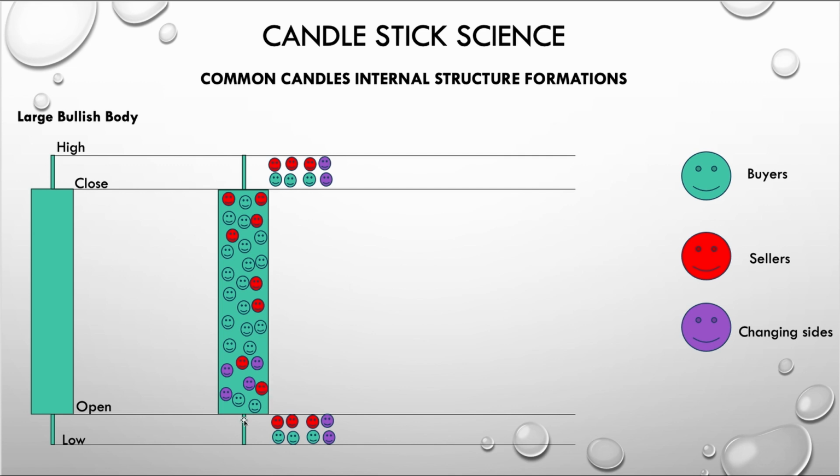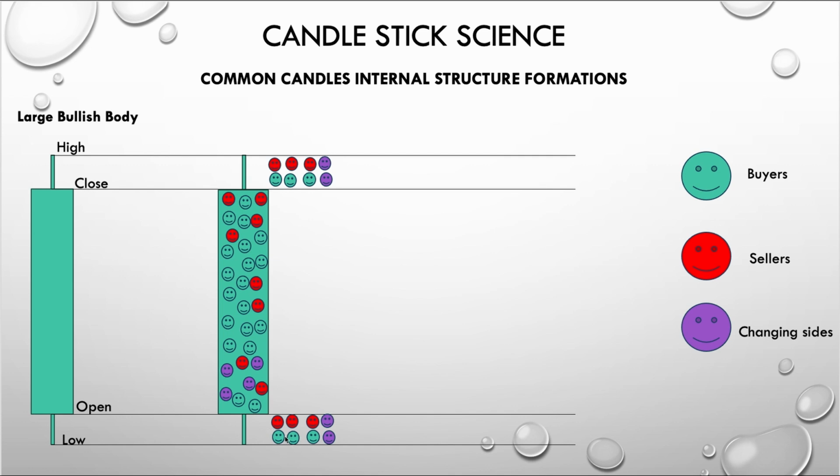So this candle, when it opens at the bottom right here, you can see where the open is. This candle goes down to create the wick. As it is going down to create the wick, these three smiling faces here are the sellers who sold the market down to create this wick. But when they sold it down, the buyers came back in the market.